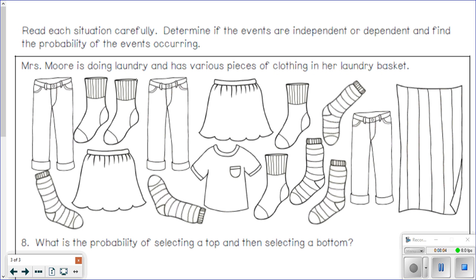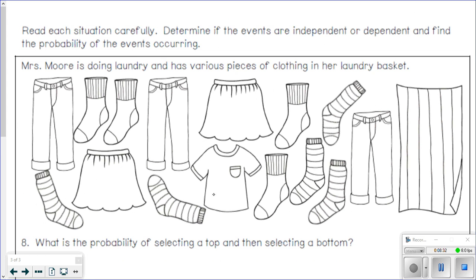All right, Mrs. Moore is doing laundry and has various pieces of clothing in her laundry basket. What is the probability of selecting a top and then selecting a bottom? After she selects a top, there are going to be fewer things to choose from, right? Because we're not replacing. If we were replacing, then these would be independent. But since I'm taking something out and not putting it back in, these are dependent probabilities.